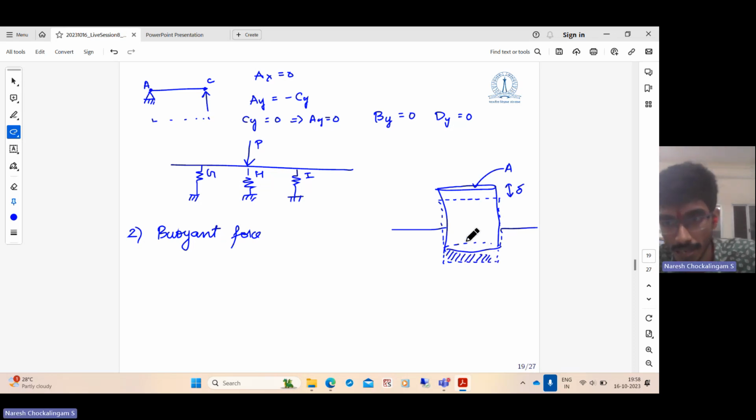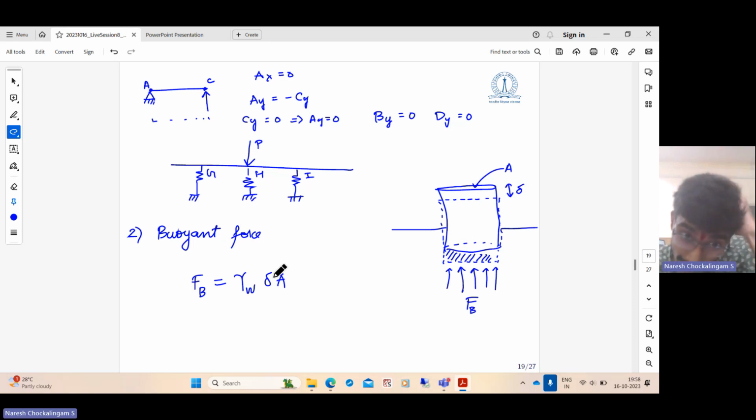And by Archimedes' principle, we know that the buoyant force exerted by the liquid on the partially immersed solid, let us call this the buoyant force Fb, the upward buoyant force, is equal to the weight of water displaced. Let gamma W be the unit weight of water. The volume of water displaced is delta times A.